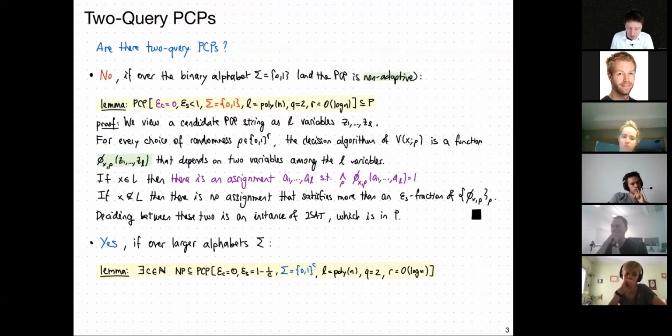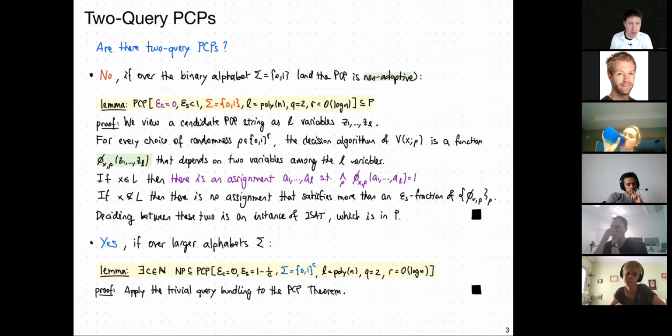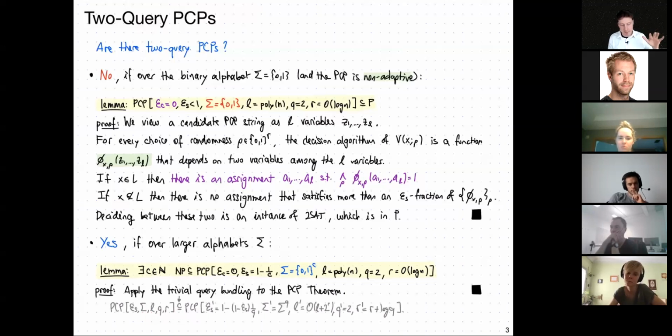How you do it is this trivial query bundling that I'm pretty sure was one of the worksheets. Essentially, you take the queries, wrap them up into larger symbols, read the larger symbol, and do a random consistency check. And that's the 2 queries. So I don't want to go over it right now. It's not too important, and again, I believe it was in the worksheet.